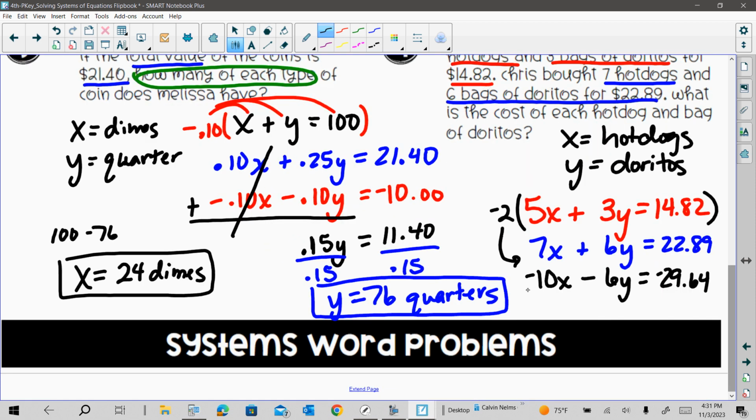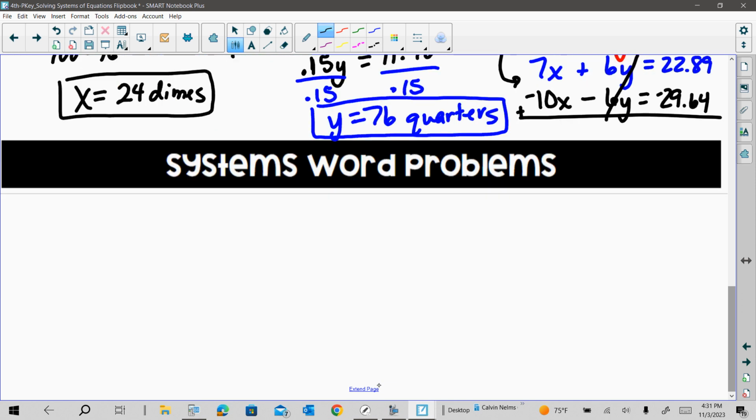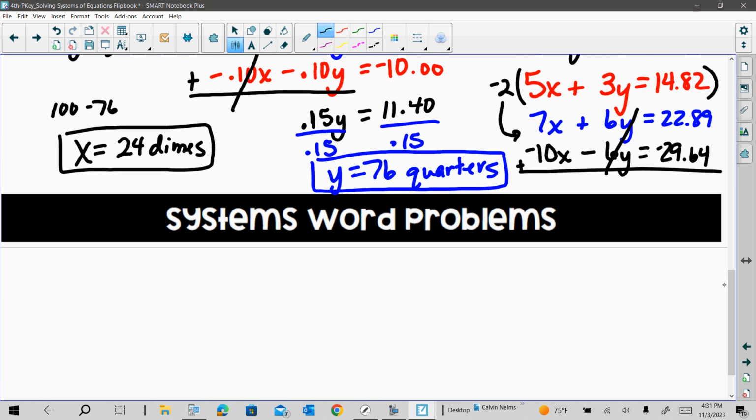I kind of ran out of room here. Sorry about that. So the y's cancel, and I'm going to extend this page and go underneath. So our x's, we have -3x equals, the difference here, that's going to be -6.75.